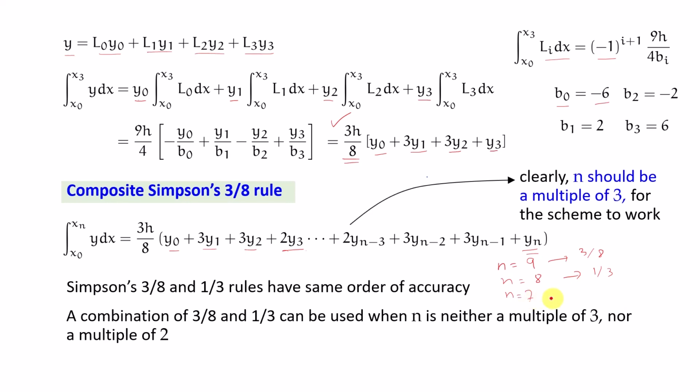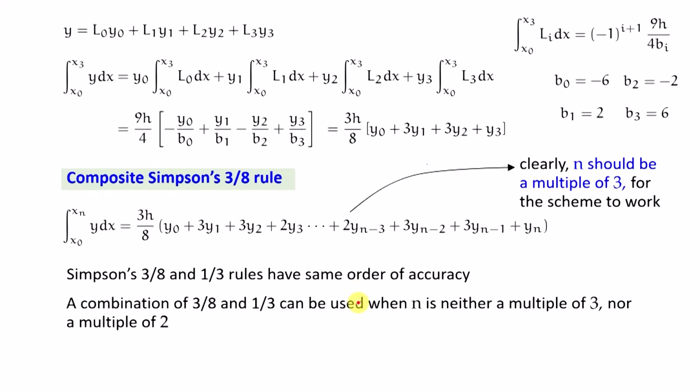So for example, I can break 7 down to 4 plus 3 intervals. In these 4 intervals, I use Simpson's 1/3, and in these 3 intervals, I use 3/8. That is how any integer n can be broken like this, as a multiple of 2 plus a multiple of 3. And that way, we can have this high order of accuracy, globally 4th order, locally 5th order accuracy. I can keep it all throughout, which was not possible with a combination of Simpson and trapezoidal.